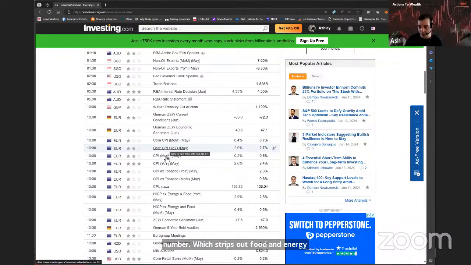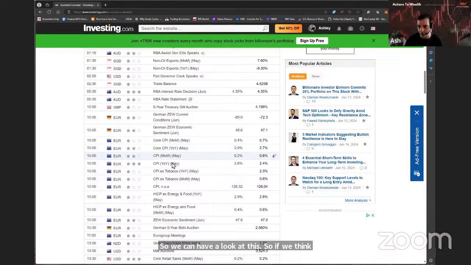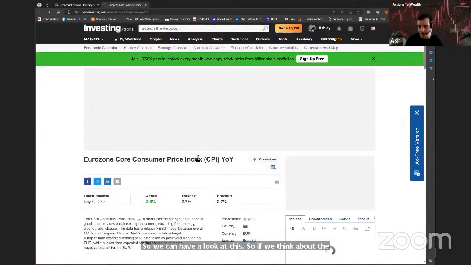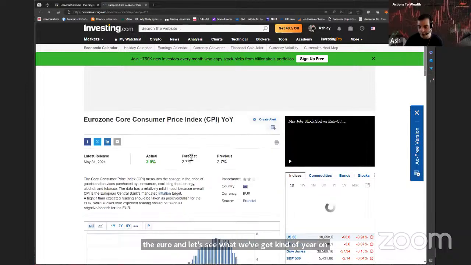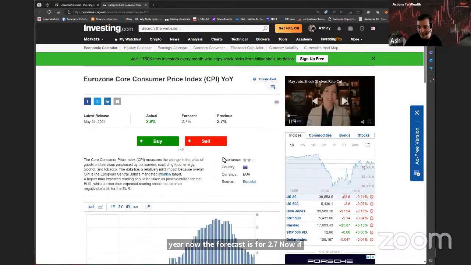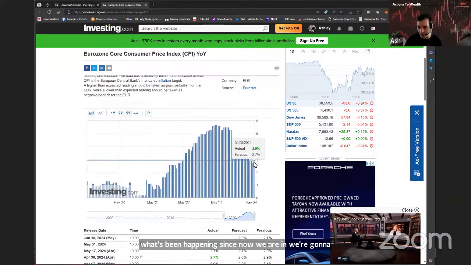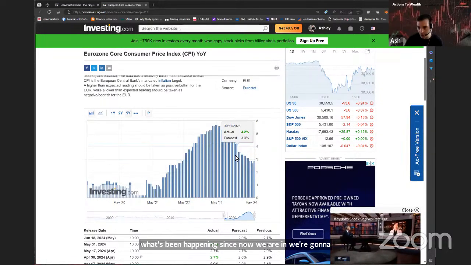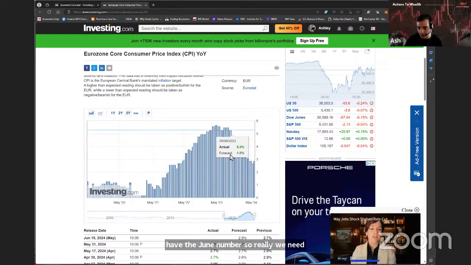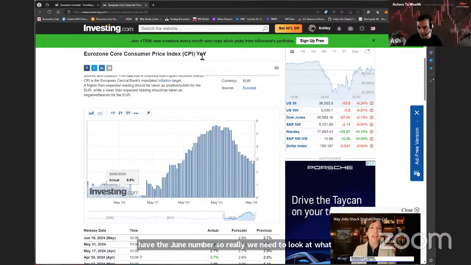So we can have a look at this. If we think about the euro, and let's see what we've got year on year. Now the forecast is for 2.7. Now, we're going to have the June number, so really we need to look at what's been going on since last June, because this is the year on year. So we're looking at CPI year on year.